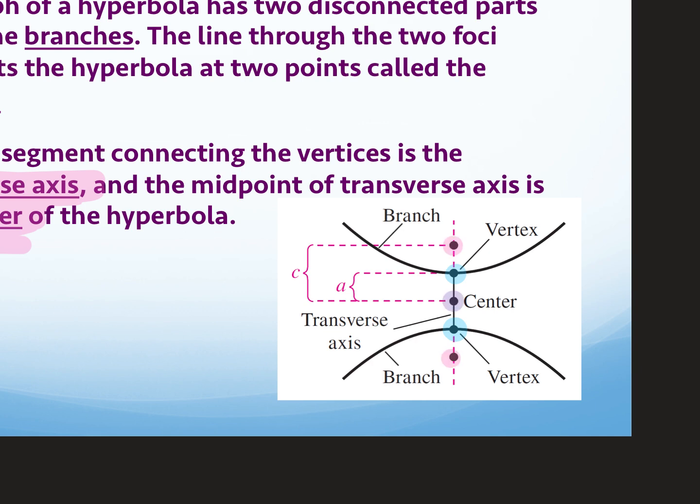And then we also have foci. All of our important information for our hyperbola all falls on the transverse axis. So this purple line is our transverse axis. So we can have a vertical transverse axis or a horizontal one, depending on which way our hyperbolas open.